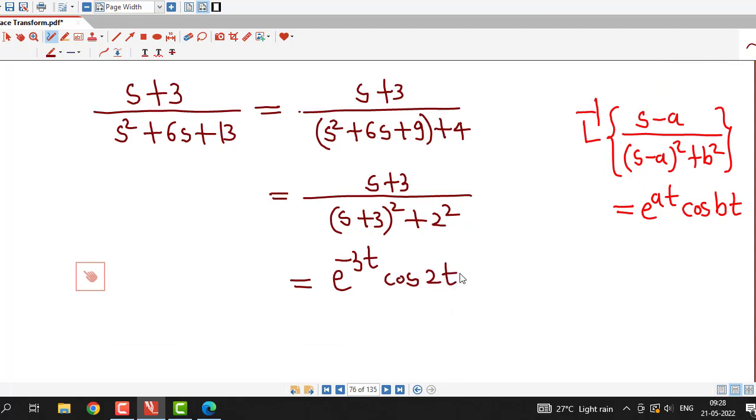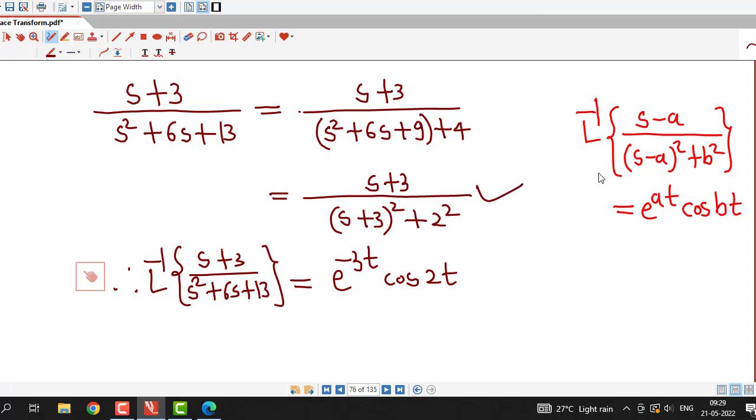But of course I have to write on the left hand side L inverse, therefore L inverse of s plus 3 divided by s square plus 6s plus 13 equals L inverse of this function, and using this formula we write L inverse of this function as e raised to at cos bt with a equal to minus 3 and b equal to 2.